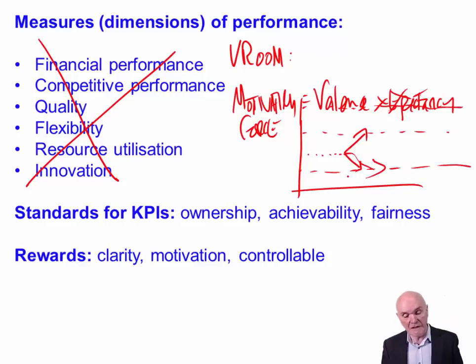So the idea of setting a challenging target is to get people to run towards what you want them to achieve. They have to feel that they can get it. It mustn't be too challenging. Yet if it's not challenging, they're not going to get any great job satisfaction from this.